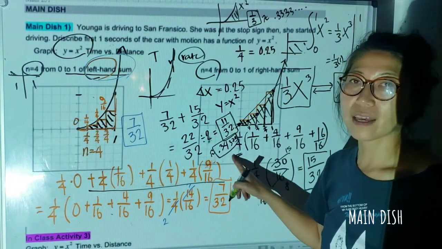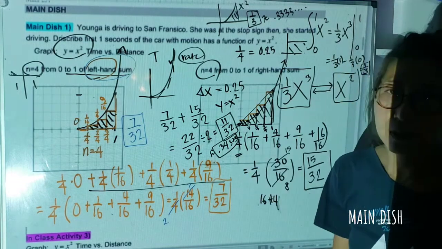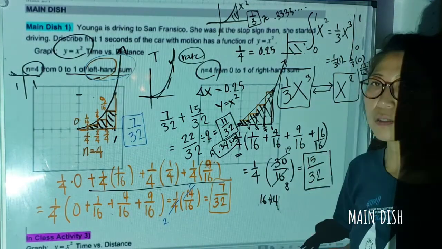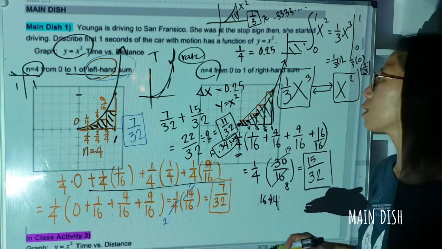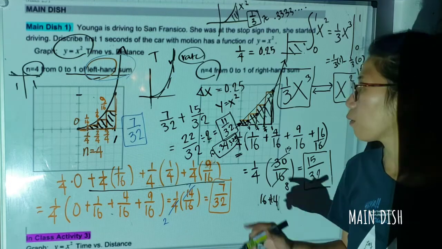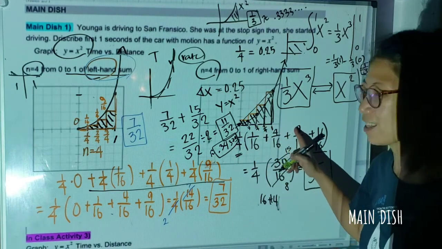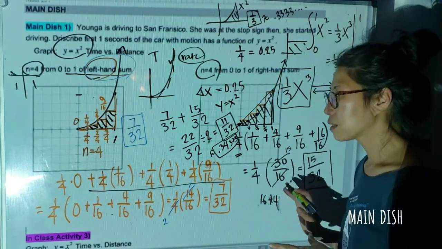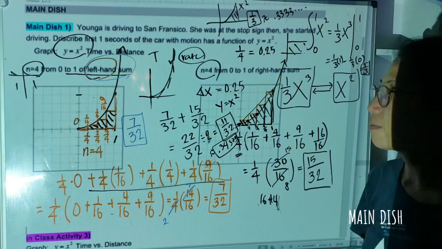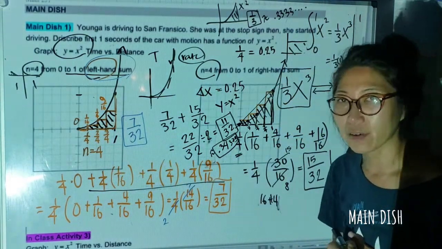And this is the way they actually started estimating the area in the 16th and 17th century, until they discovered calculus. That's why calculus is really powerful, because before calculus, they had to find all the area just by estimating, making all those small rectangles as much as they could. So now, in the class activities, you are going to do exactly the same one, but instead of 4 rectangles, I'm going to have you do 8 different rectangles.